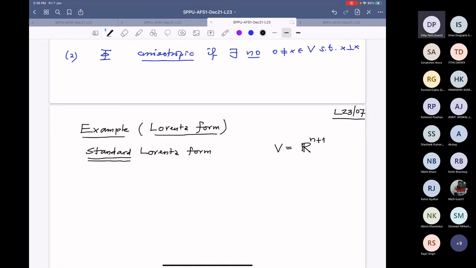And I will give the Gram matrix with respect to the standard basis. So the form on V = R^(n+1) with Gram matrix. Because we saw if I give you the Gram matrix, that will define a form. And what is the matrix?